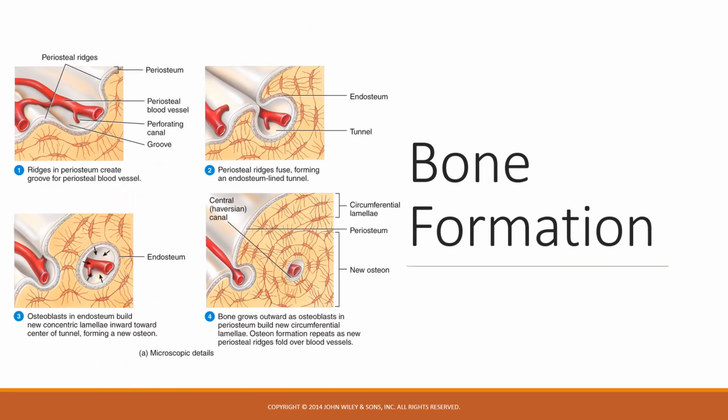So up till now, we've been talking mainly about a typical long bone. Later, we're going to discuss other bone types, but we'll first finish talking about long bones. So as new bone is deposited on the outer surface of bone by osteoblasts, the bone tissue lining the medullary cavity is destroyed by osteoclasts in the endosteum.